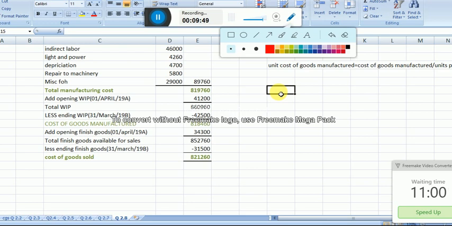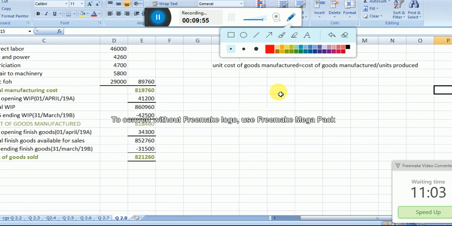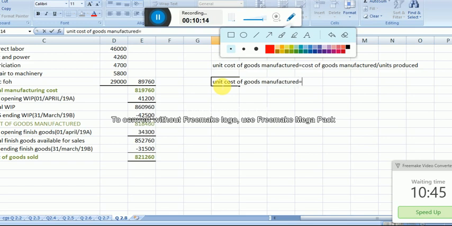So look, dear students, now if we put these values in the formula, unit cost of goods manufactured is equal to cost of goods manufactured.